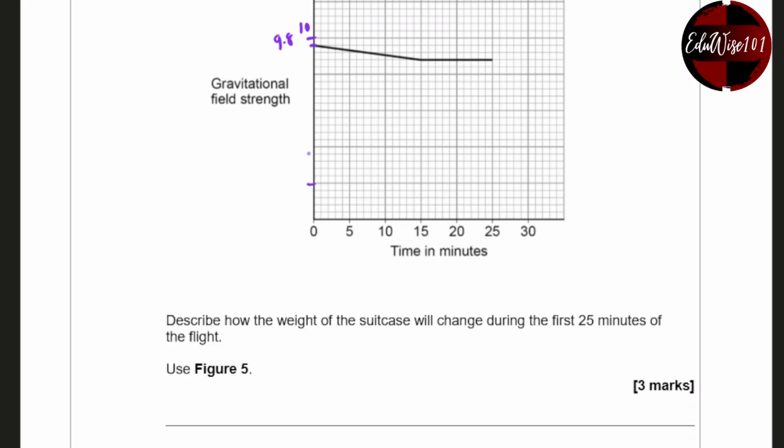So this is 2, 4, 6, 8, and 10, and that should be about 9.8, because at the start, it's on the ground and it's actually going down to about 8.4, or 8.5. This is actually 8.4, let's say.